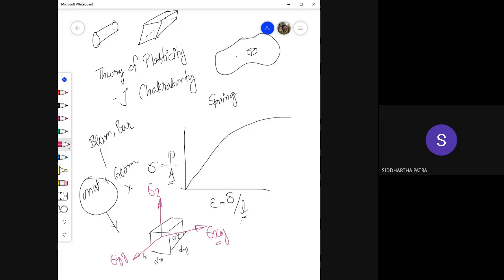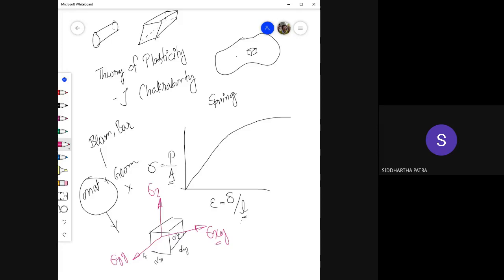All I'm trying to say is, you apply a given force and you get a given deflection, or if you apply a given amount of deflection, you need to apply a given amount of force for that. So the relation between the two is essentially the material behavior, and it can be plotted in different planes, like the curve that is shown on the screen.